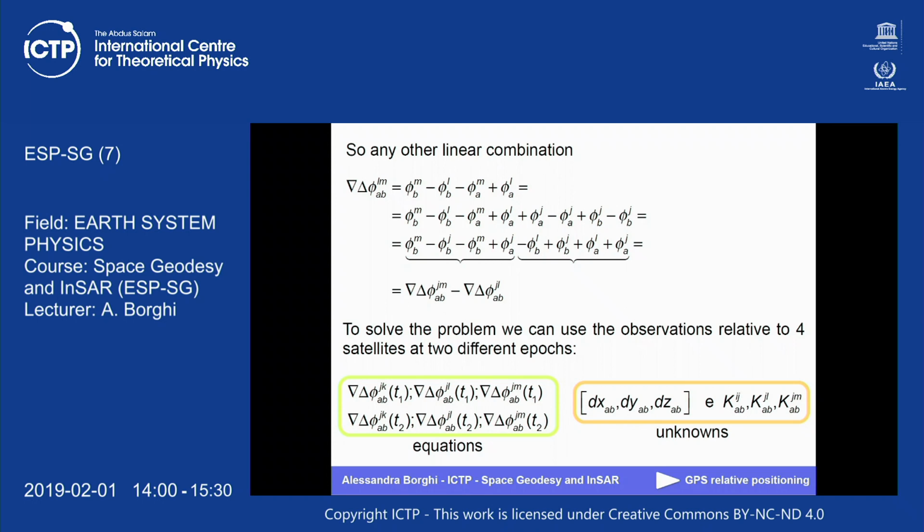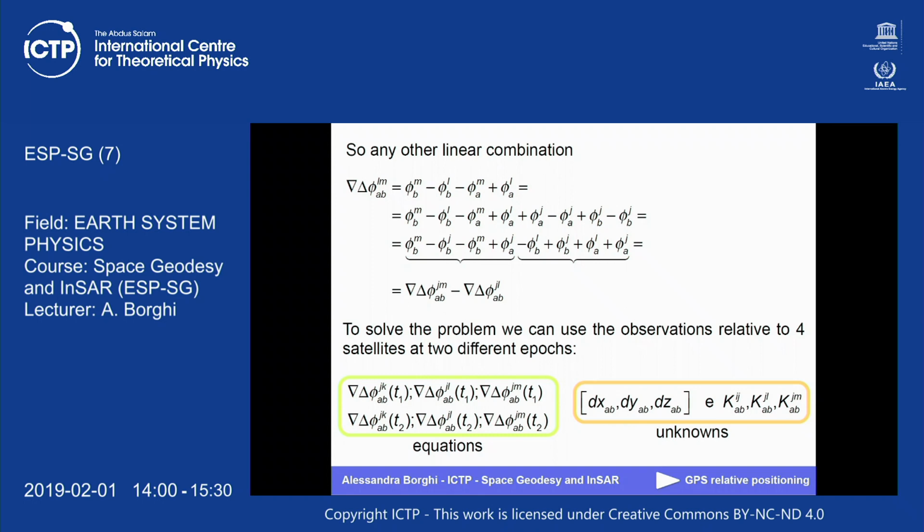So to solve the problem, we introduce the observations given at other epochs. So we use a set of observations. In fact, GPS data analysis is a very redundant problem because we use a huge number of observations.